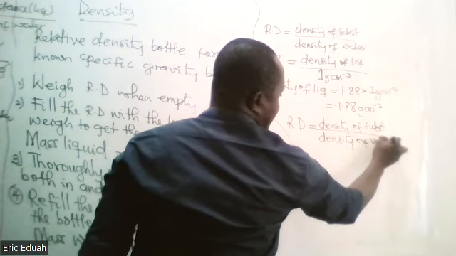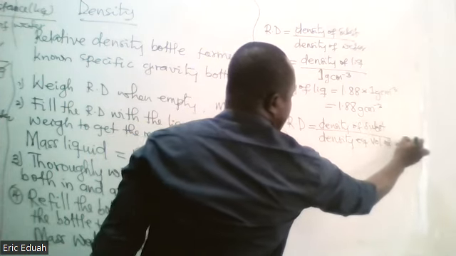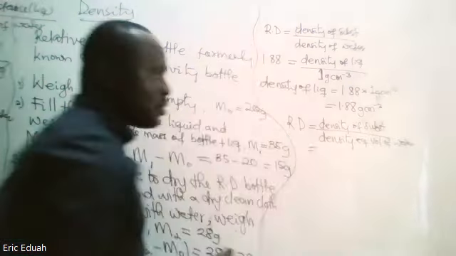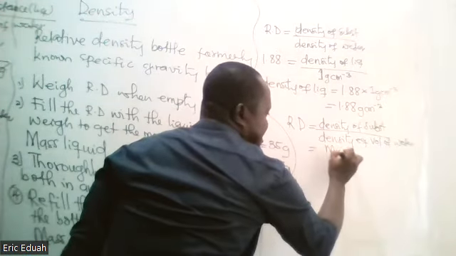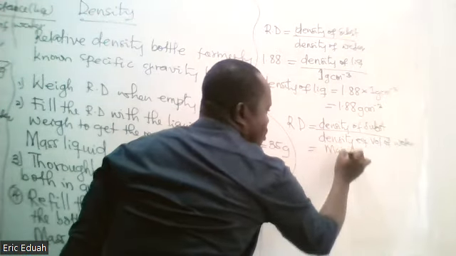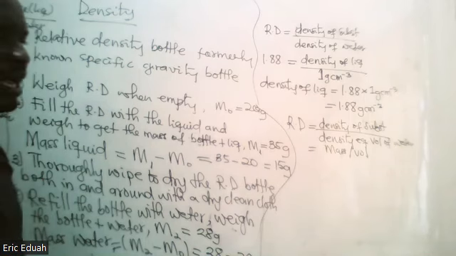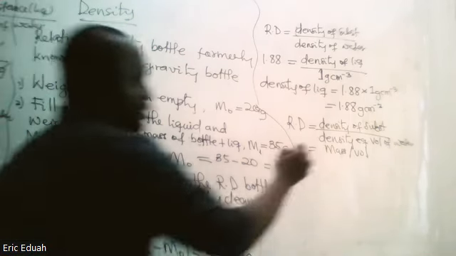What is density? Density is mass over volume. So the numerator has the mass of the substance divided by the volume of the substance.